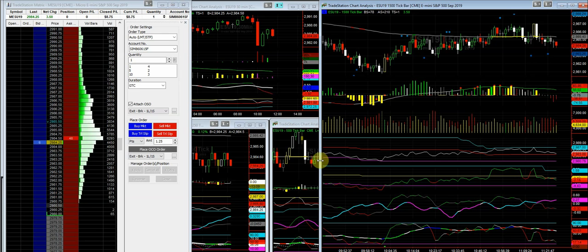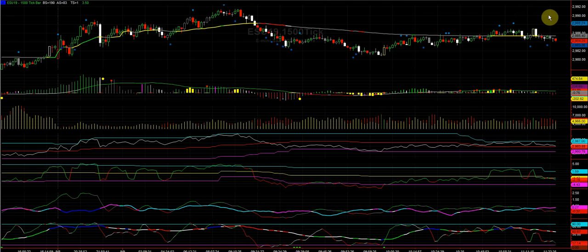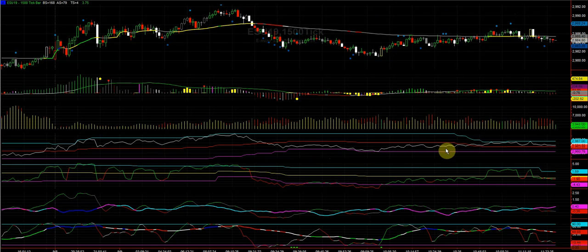Now, remember, I've shifted these around. This is short-term momentum here, and this is supply and demand here. If we look at the whole picture, the full screen, we can see that the day started off at 9:30, and the bottom part was on the supply side, and it's just going laterally.